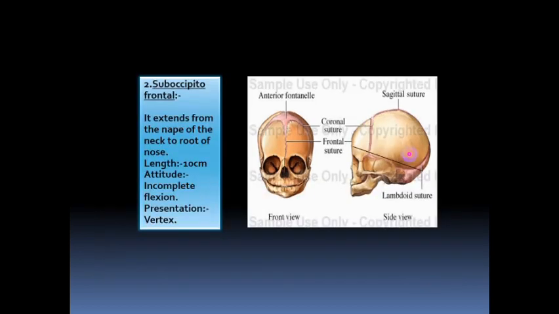If the head undergoes incomplete flexion, then the presenting diameter in this case will be suboccipitofrontal, which also extends from the nape of the neck, but to the root of the nose.